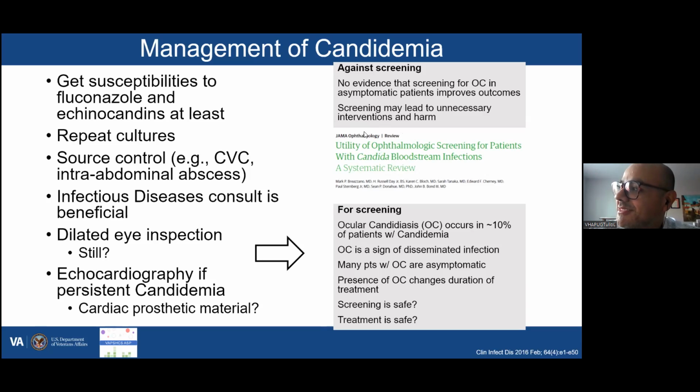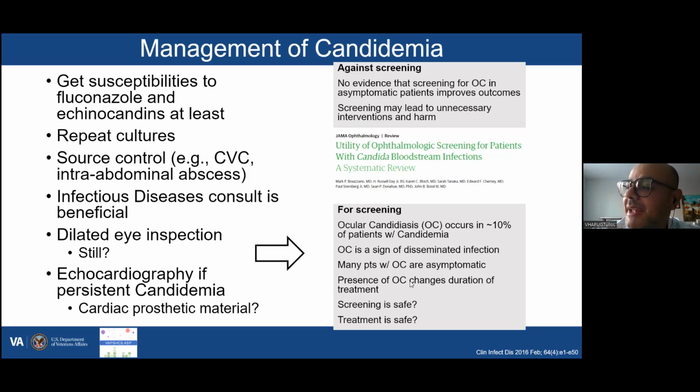In 2019, there was a big meta-analysis essentially saying that there's no evidence that screening for ocular candidiasis in asymptomatic patients with candidemia improves outcomes, and that it may lead to unnecessary interventions and harm. But like I said, there is a debate, and proponents of screening say that ocular candidiasis occurs in about 10% of patients. It's a sign of disseminated infection.